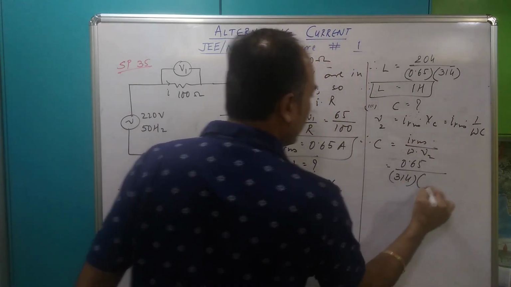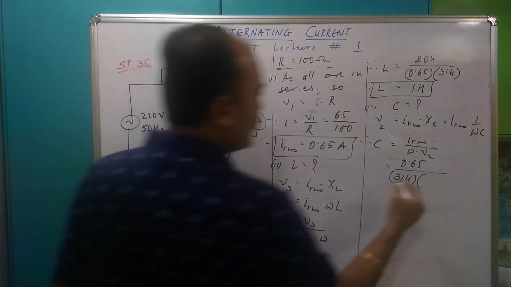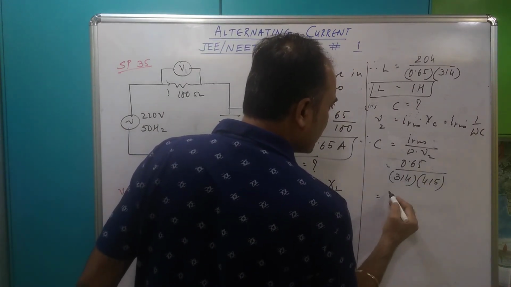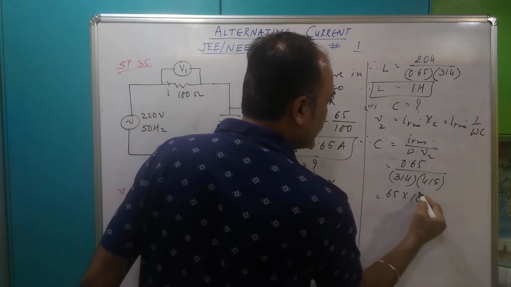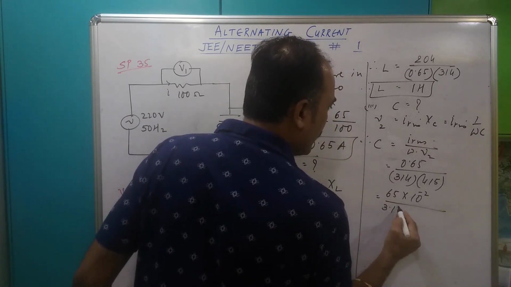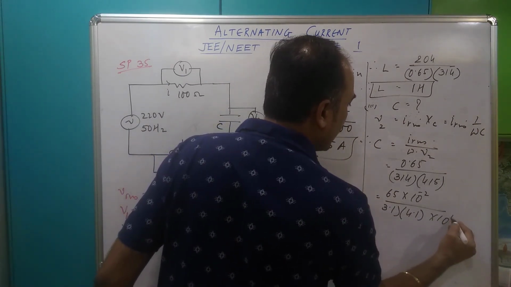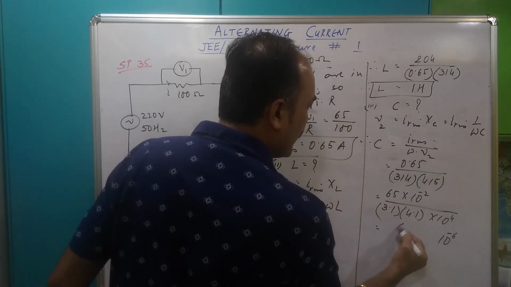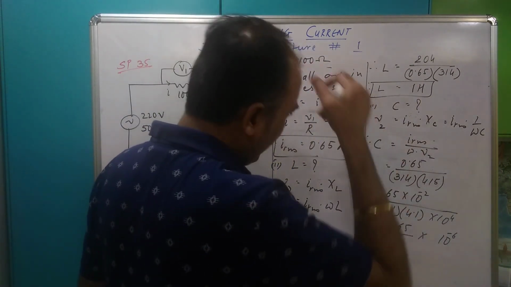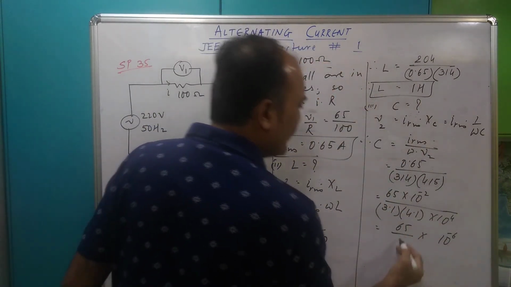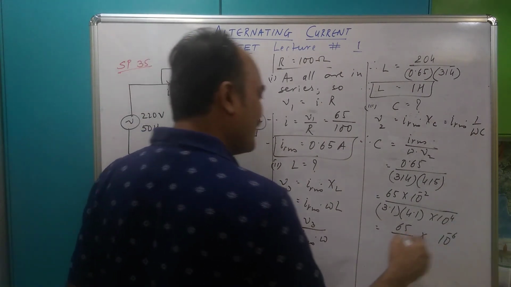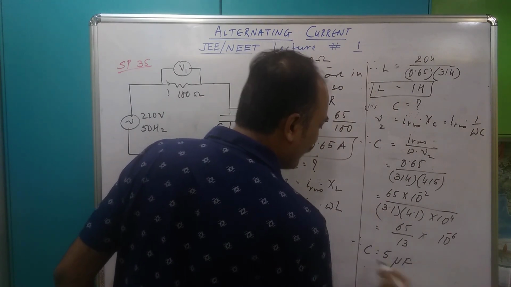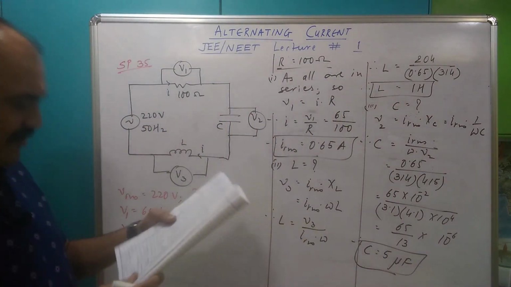V2 415। एक काम करते हैं, यहां से 2 जीरो ले लेते, यहां से 2 जीरो ले लेते, आसान पड़ जाएगा, तो 65 into 10⁻² upon 3.1 into 4.1 और ये 10⁻⁴, ये -2 और -4 -6 हो जाने वाला है. We are good. And this is 65 by 3 4s are 12, मतलब 13 कर लूं, क्योंकि मैं जानता हूं 13 5 are 65, so 5 into 10⁻⁶, that's 5 microfarad. What say भाई, 5 microfarad, yes sir.